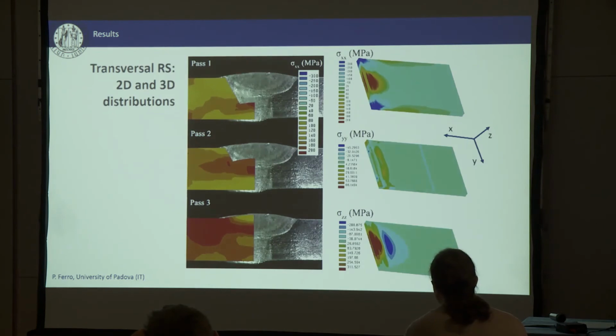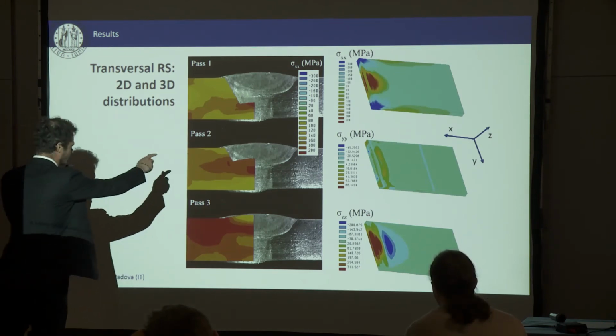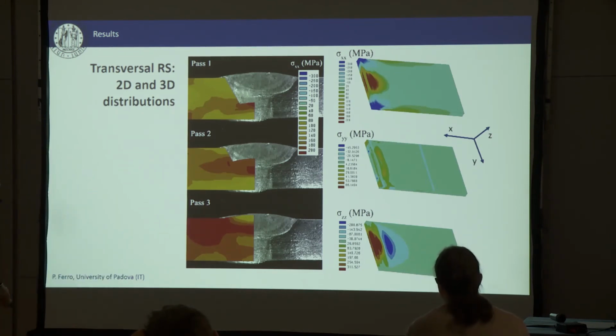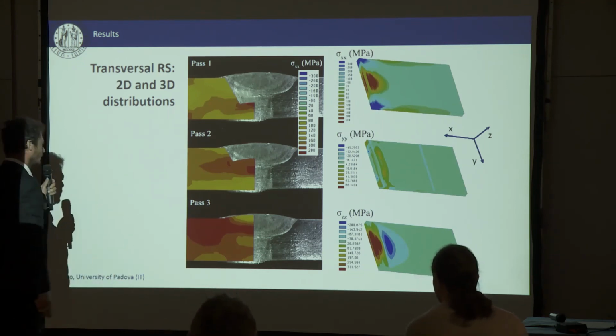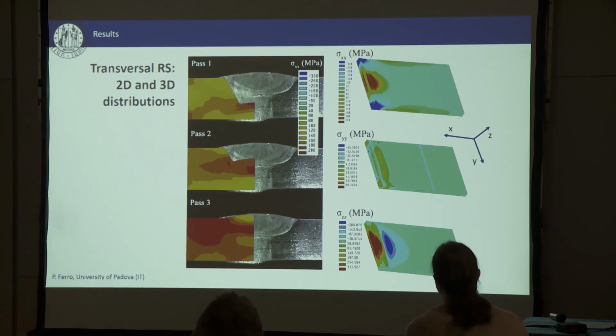Then I go ahead to the mechanical results. In this picture, you can see the transversal residual stress or thermal stress after pass 1, pass 2, and pass 3. You can observe that the residual stress accumulated and increased during the different passes.